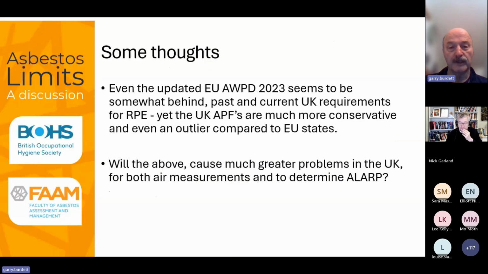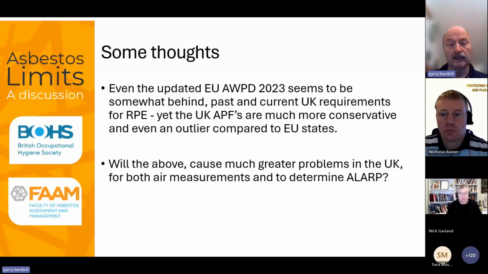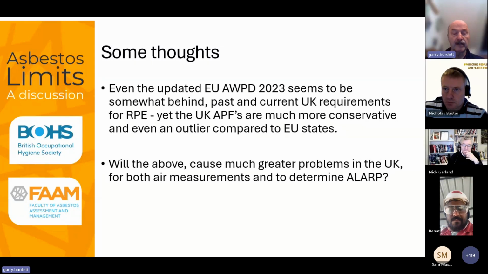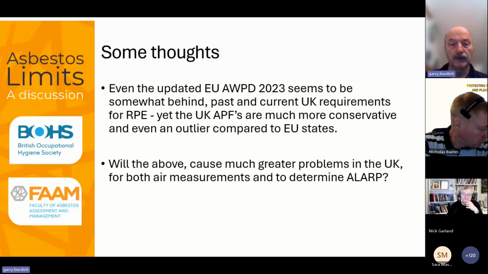So a few thoughts. Even the updated EU AWPD seems somewhat behind past and even current UK requirements. Yet UK APFs are much more conservative and even an outlier compared to EU states. So will that cause much greater problems in the UK for both air measurements and to determine as low as reasonably practicable? Think about that.